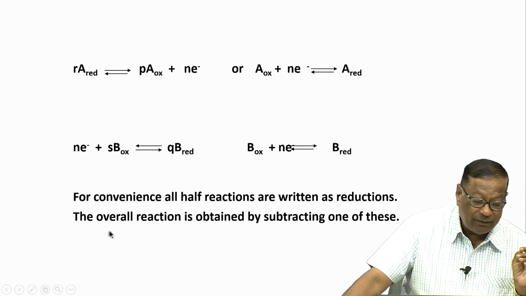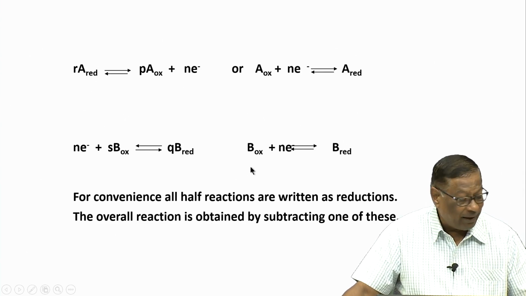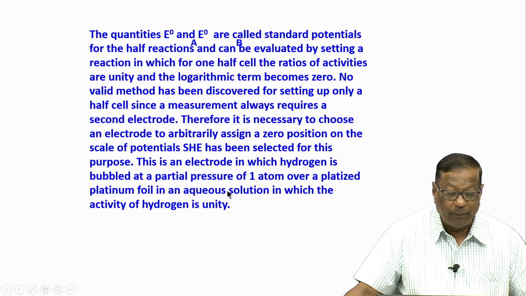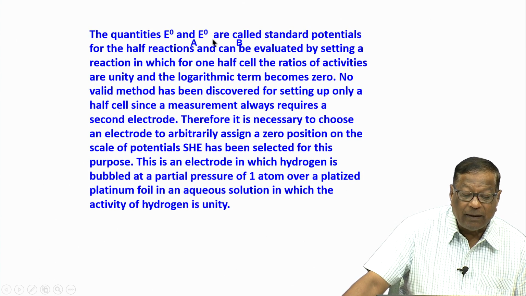It is only our convenience, we can write either way. So the overall reaction is obtained by subtracting one of these, that is, the quantities E naught A and E naught B.